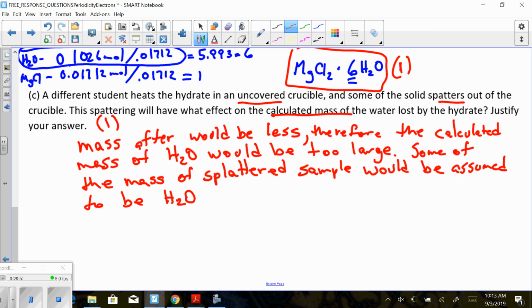Okay, so the mass after would be less, therefore the calculated mass of water would be too large.